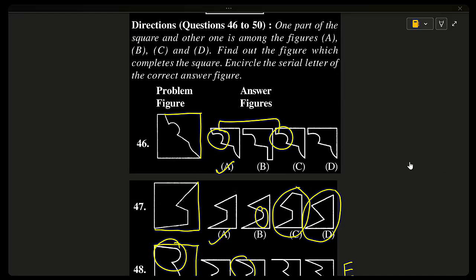Now, mental ability is done. We are going with language. We'll try to complete one or two passages till we have 20 minutes time. So mental ability, still if you have any doubts left, you can ask me in the institute. So we're going with language now.